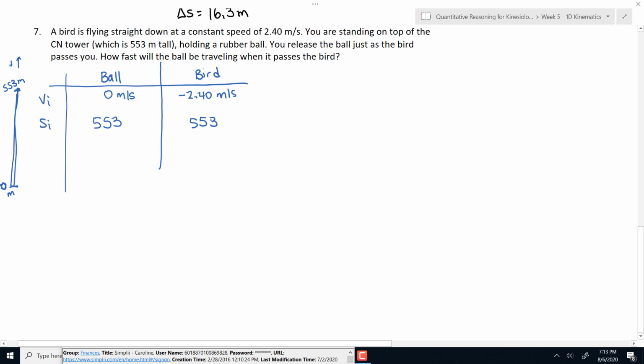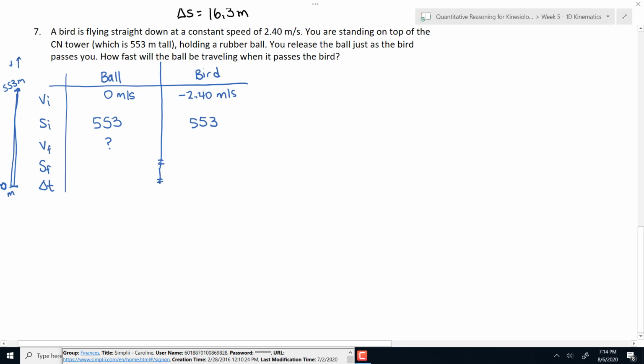It says, you release the ball just as the bird passes you. How fast will the ball be traveling when it passes the bird? So V final of the ball, that's the question mark. And that's when the final position of the ball is equal to the final position of the bird, and the time that it takes them to reach that final position are also equal.